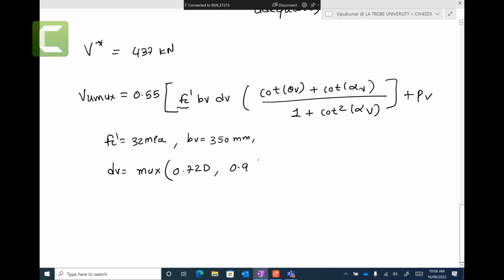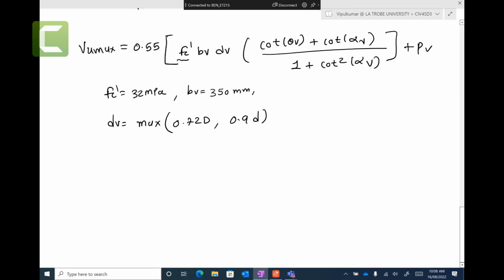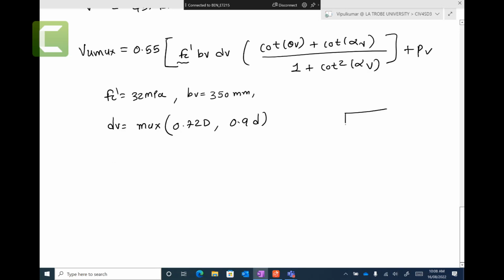Now we know capital D, but we don't know small d. Let's calculate the small d.